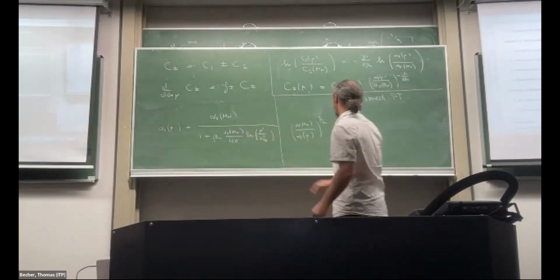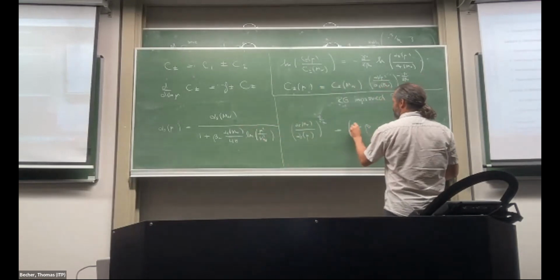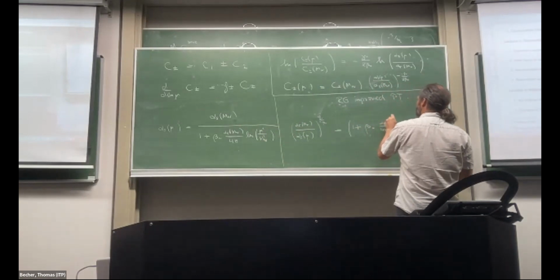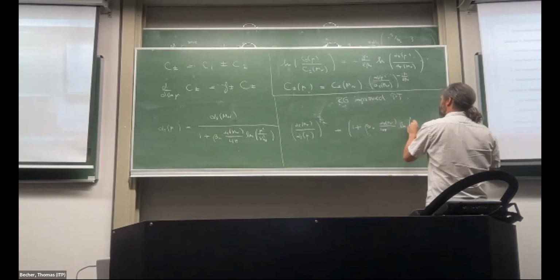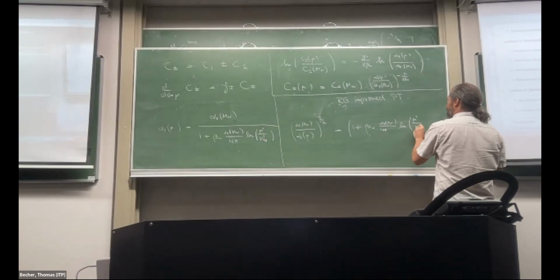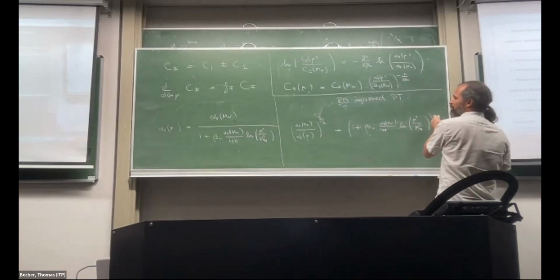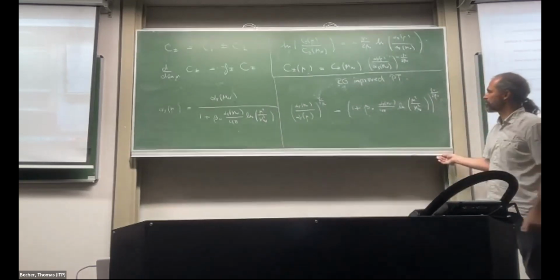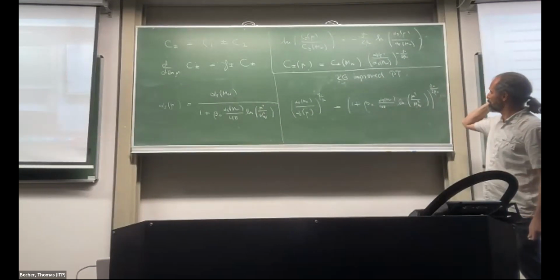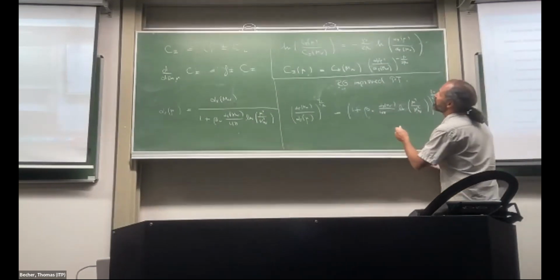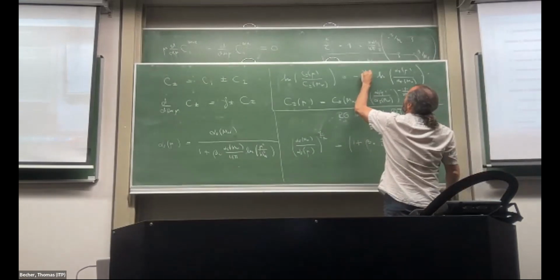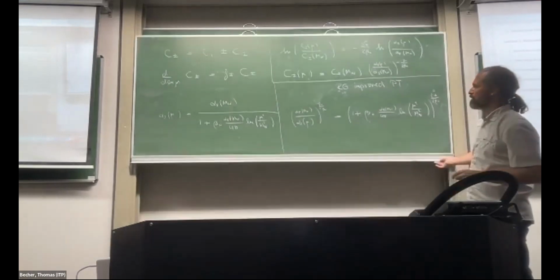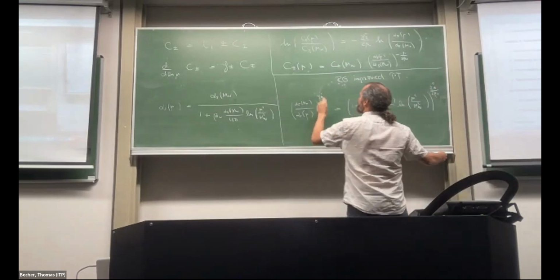This cancels this, so then I get 1 plus beta 0 alpha s over 4 pi at w times log mu squared over W squared to the power gamma naught over 2 beta 0. Gamma naught also had pluses and minuses in there. Yes, exactly. Plus minus 0.